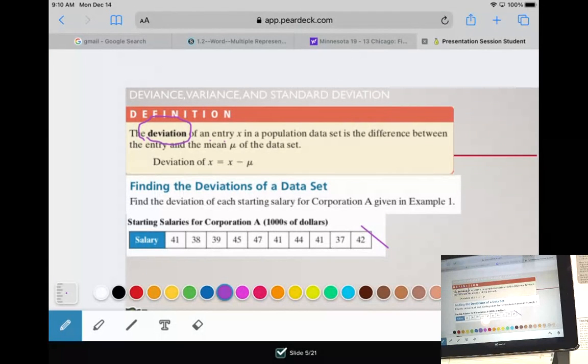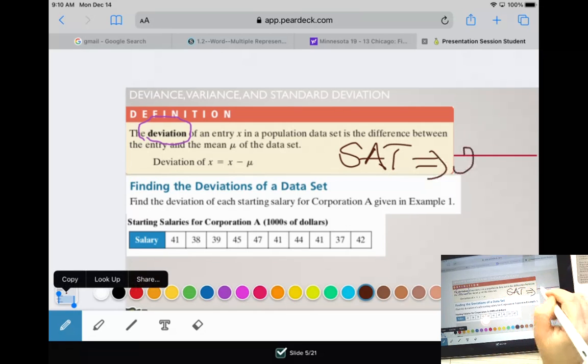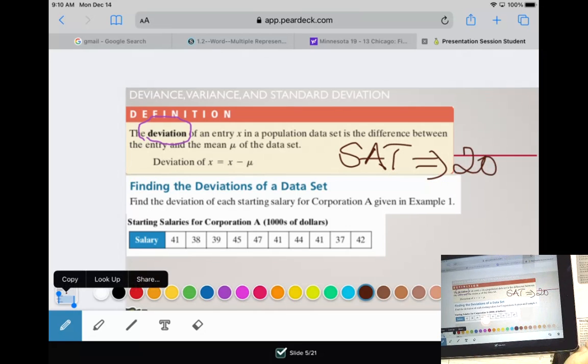Think about the SAT. Sometimes we say the average for the SAT composite is 20. That's the average. So let's say the average is 20, and then you took the test and your composite is 18.